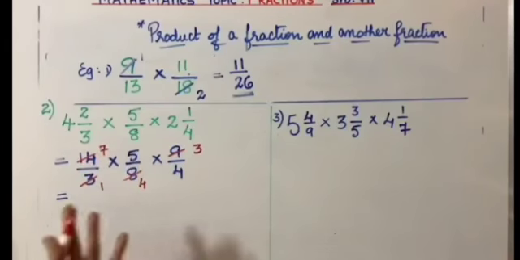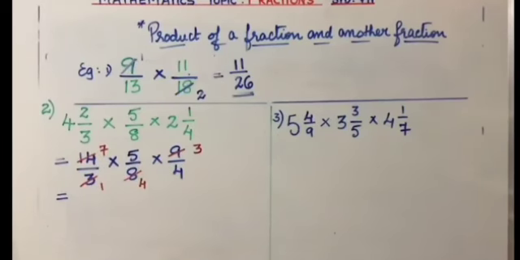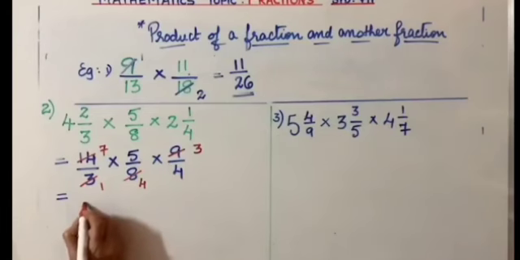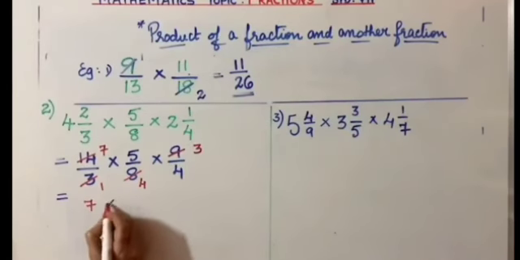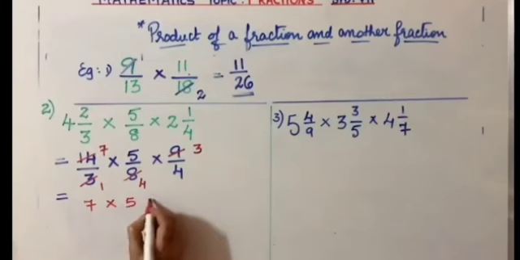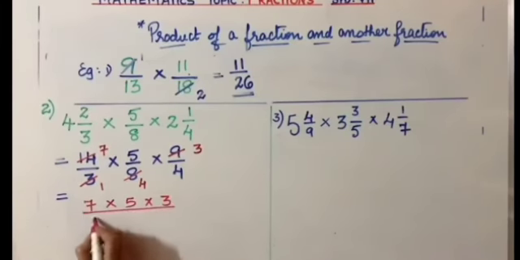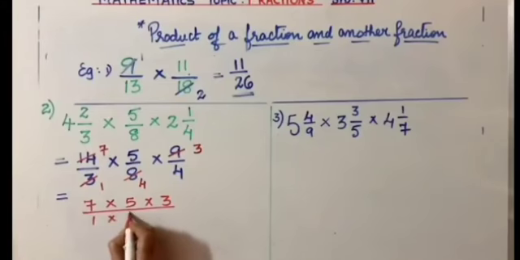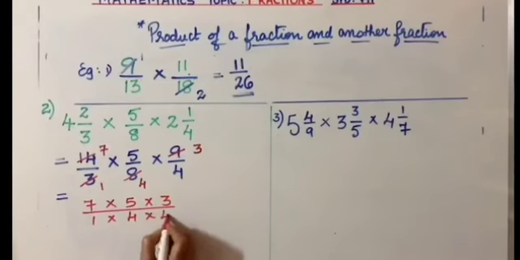Now, see if you can cancel anything else. If not, write whatever is left in the numerator and what is there in the denominator. So now we have 7 into 5 into 3 and 1 into 4 into 4.